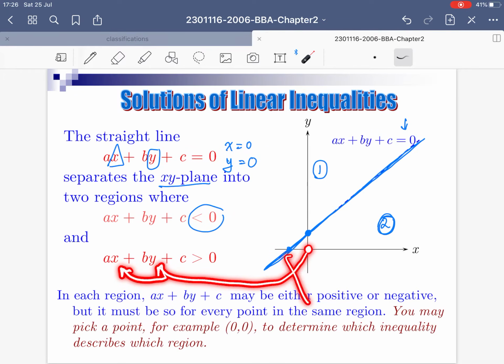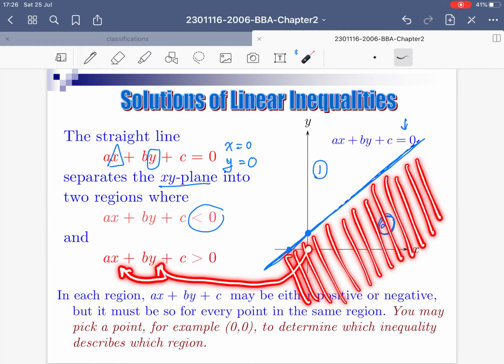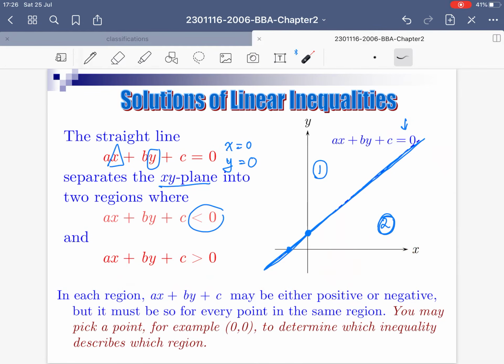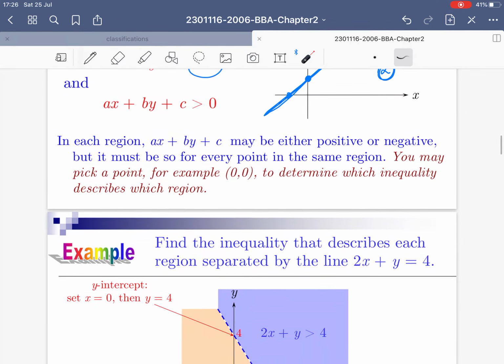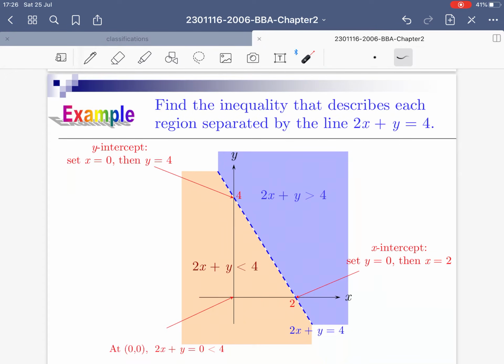So it means that you are going to collect all the points on this region, and all the points on this region will be the points that satisfy this inequality. We get, okay.